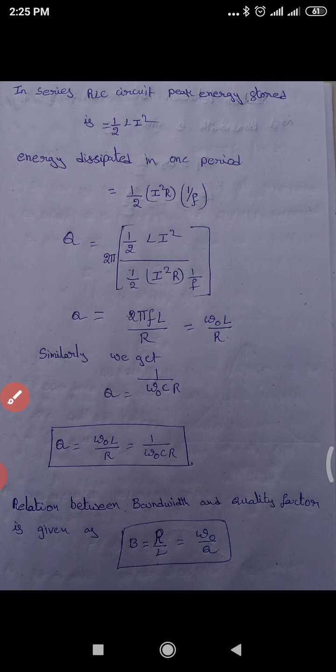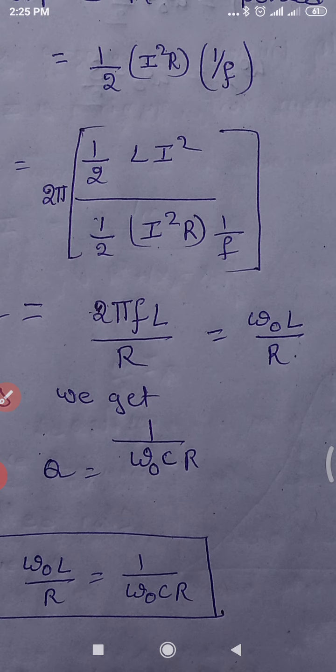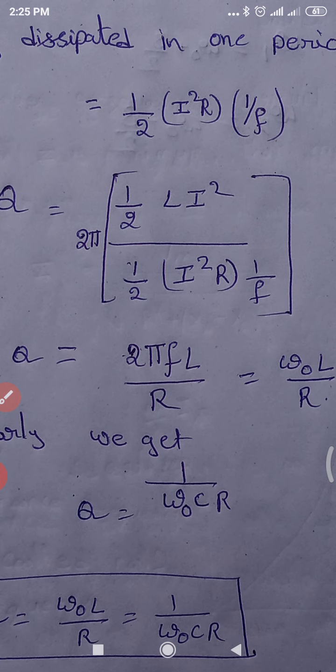So if you substitute the peak energy stored divided by the energy dissipated, this 1 by 2 gets cancelled, this I square gets cancelled, and this F goes here. Then finally we get Q is equal to 2 pi F L by R. This is the formula for the quality factor when the circuit is inductive.